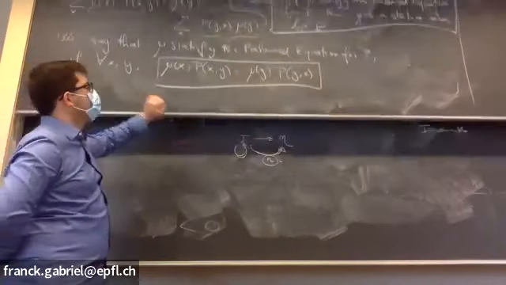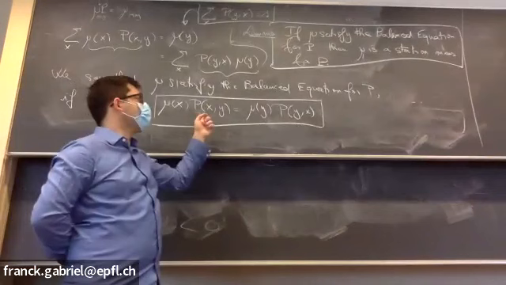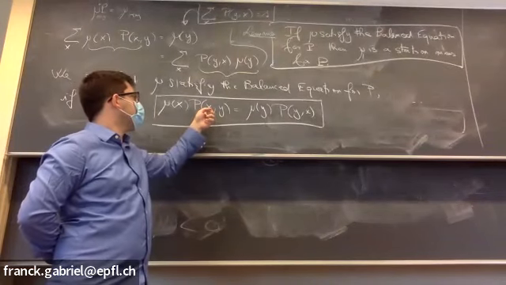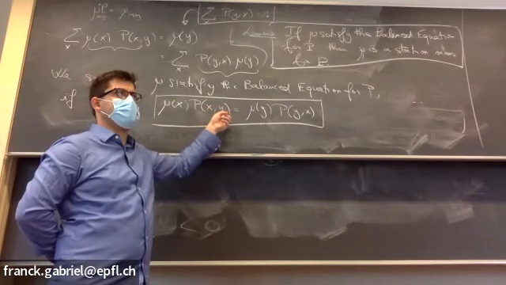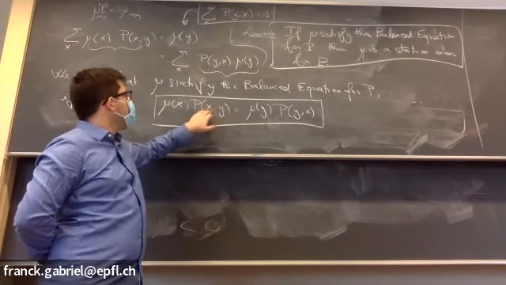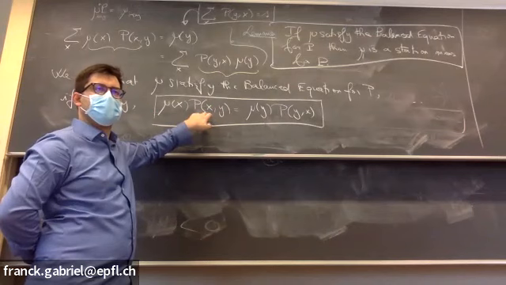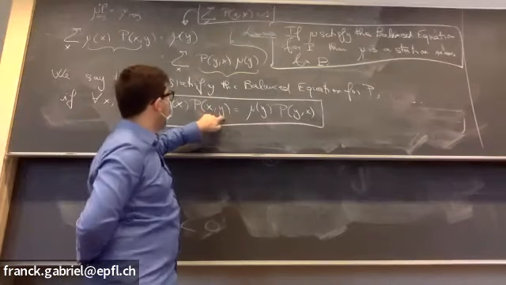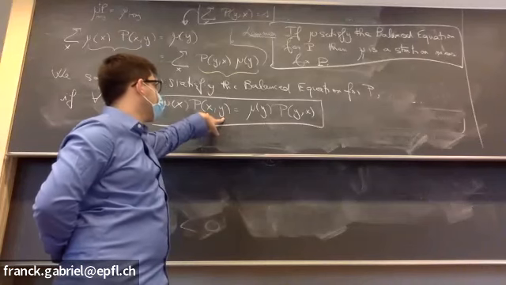Well, just to give you a hint again, if you have the Glauber dynamics, let's say that x has an energy less than y, then you know that if x has... no, let's say that y has energy less than x.